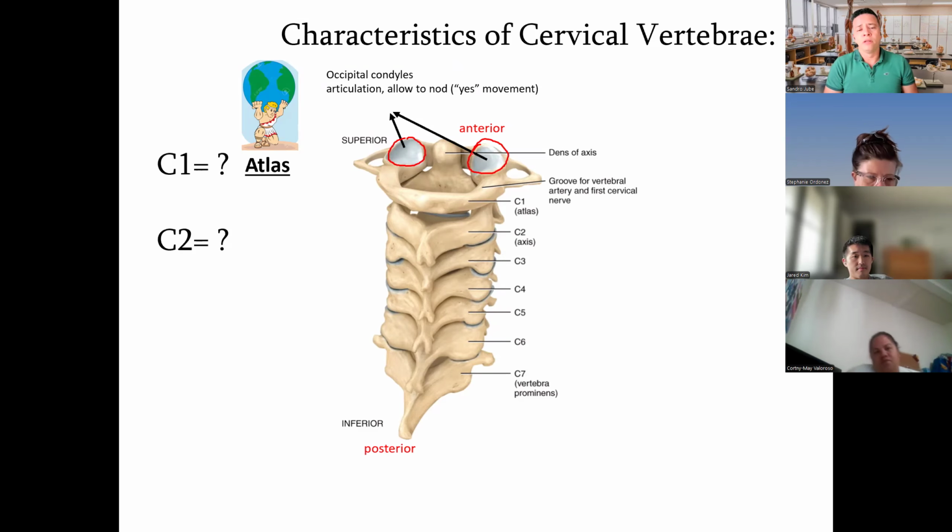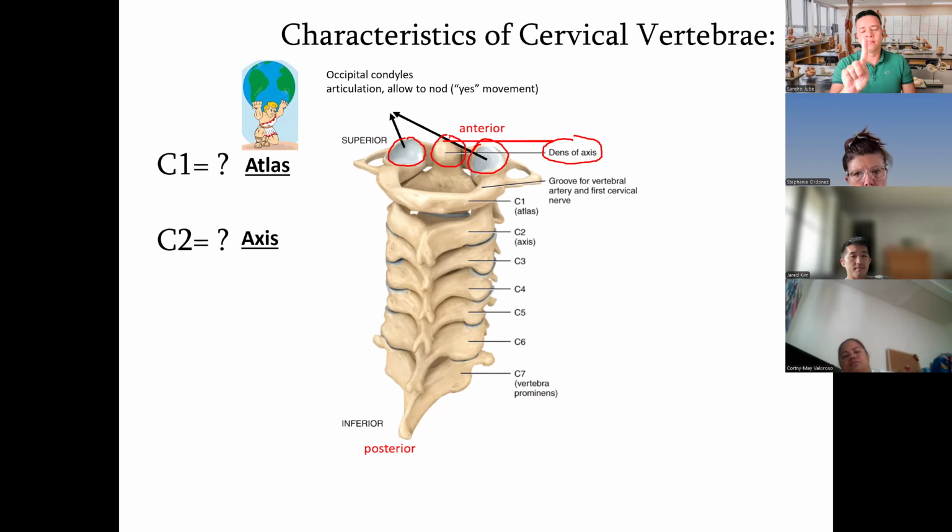The other important vertebra is the C2, and the C2 is also what we call the axis. The C2, the axis, has a very special feature called the dens of the axis. What is this dens of the axis? Everybody look up here, please. Imagine my finger here is the dens of the axis of the C2.